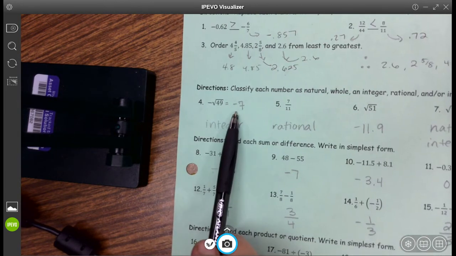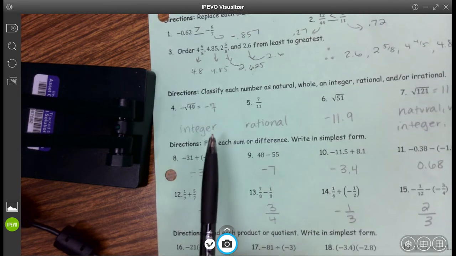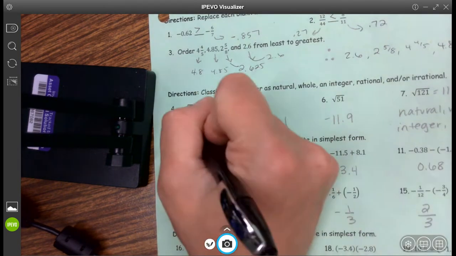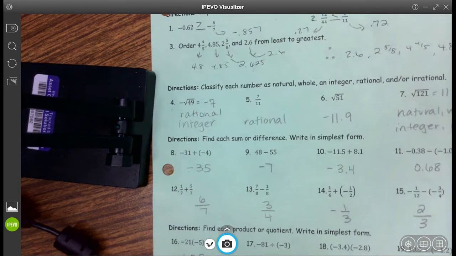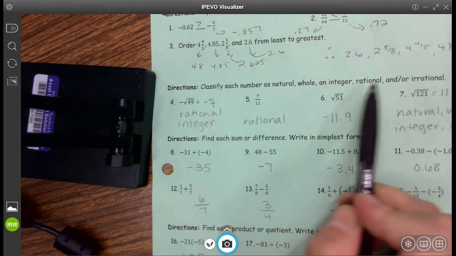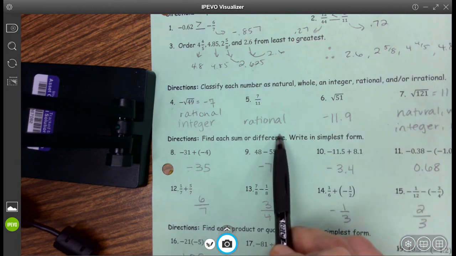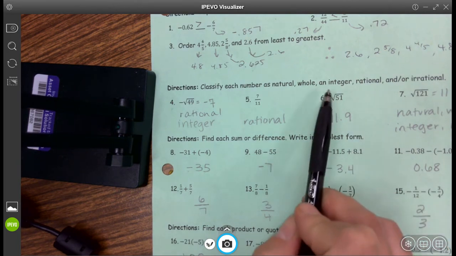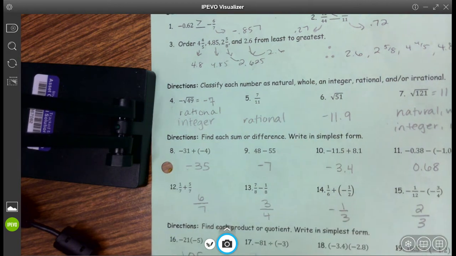Square root of 49 is 7, but it's negative, so negative 7. It is an integer, but it's also rational. So you have to classify it as everything. This can be written as a fraction, so it's either rational or irrational; it's rational because it can be written as a fraction. It's not an integer, it's not a whole number, and it's not natural, so it's just a rational number.